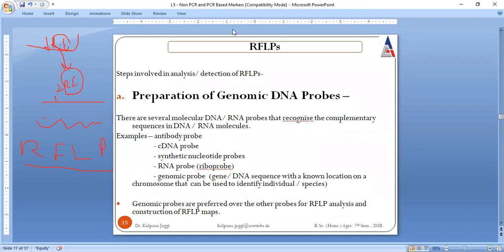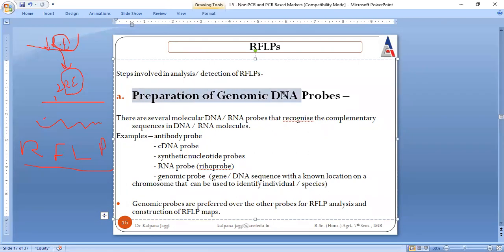Here is the preparation of RFLP. There are 3 steps involved in RFLP. Very first is how we are to go for the preparation of genomic DNA probes. Genomic DNA probes means a probe is a specialized sequence.